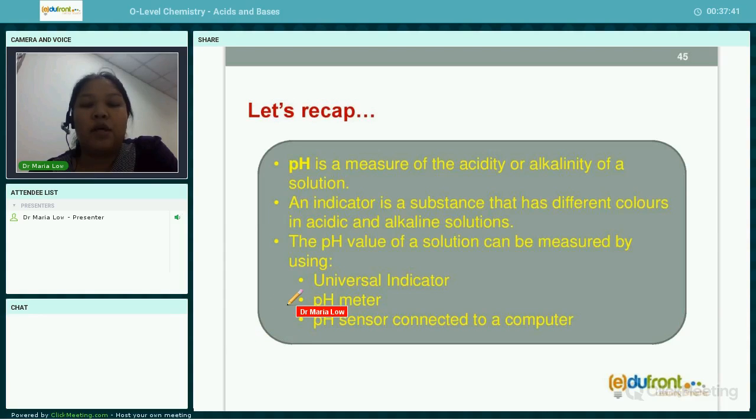Then, of course, you have a more reliable method, which is the pH meter, which will record the pH values for you and display them on the meter, which is a more accurate measure compared to the universal indicator. Then, if you want to measure the pH of solutions continuously over a range, you have to use the pH sensor that's connected to a computer so that you are able to see the changes in the pH values.